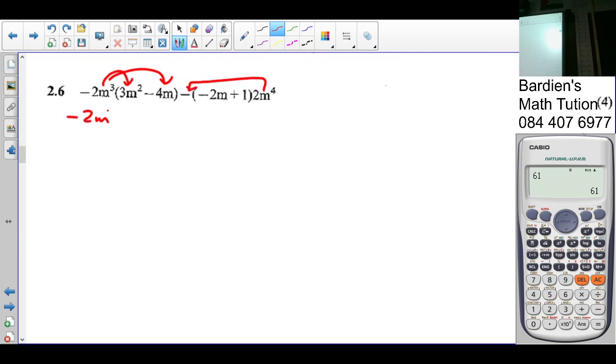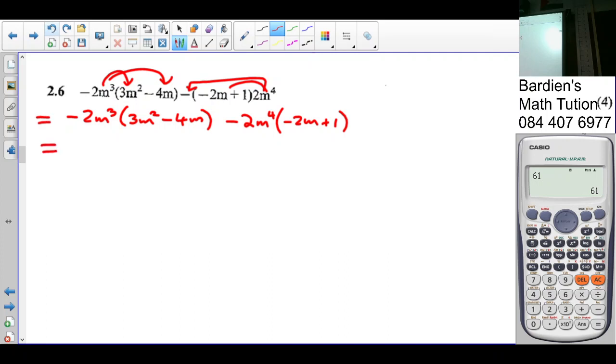Because what happens many times, the learner multiplies only the negative in and the 2m to the 4 only with the 1, which is wrong. That's why I'm going to write it in front. The whole negative 2m to the 4 must be multiplied out. Otherwise, we can multiply that way and this way at the same time, no problem. Okay, just play it safe and do it as I'm doing it.